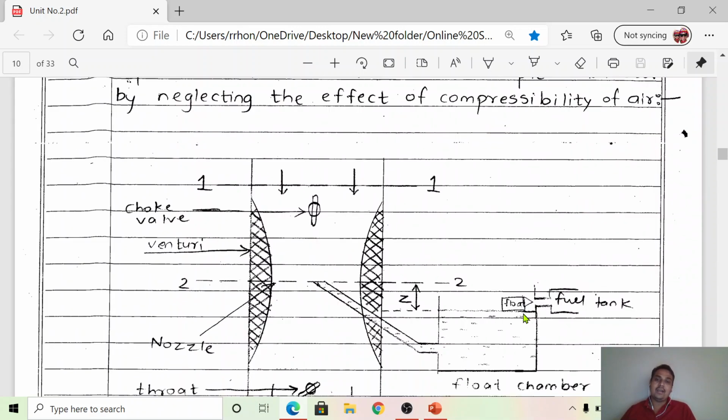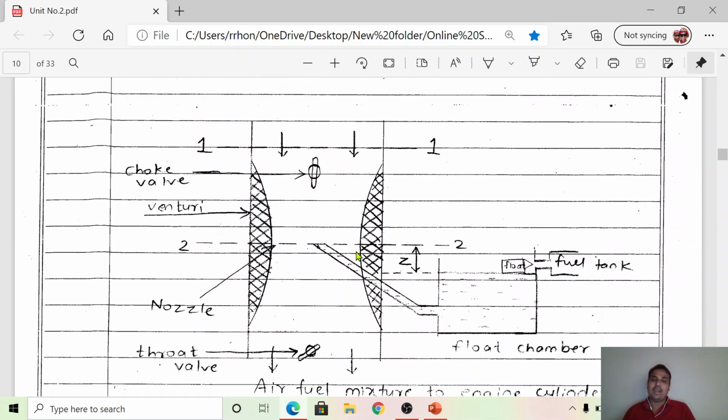So again, with the help of this diagram, we understand this concept. Suppose atmospheric air enters the carburetor body from section 1.1. As it enters section 2.2, where the throat of the venturi is present, the pressure of air goes down, and as the pressure decreases, velocity increases.